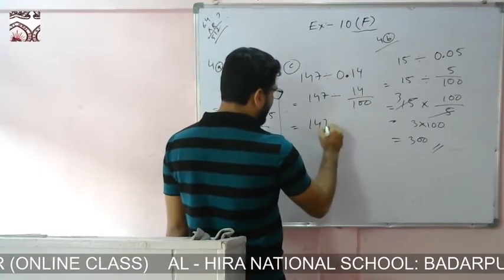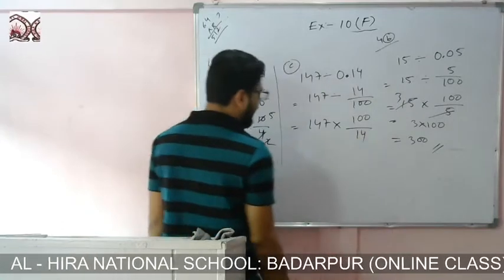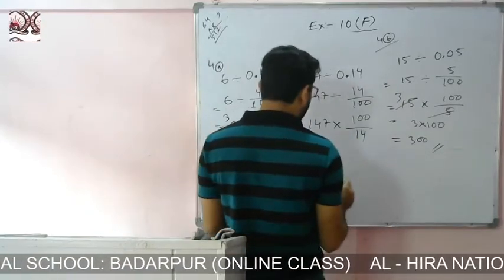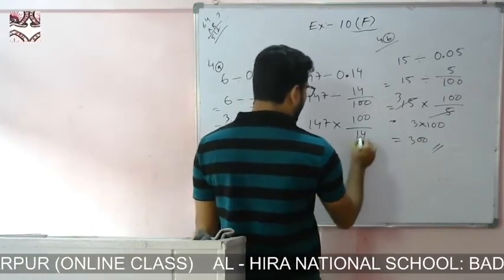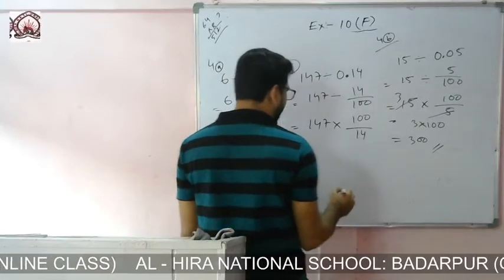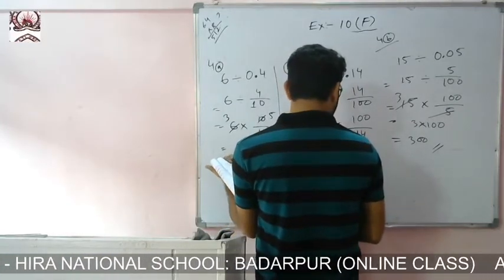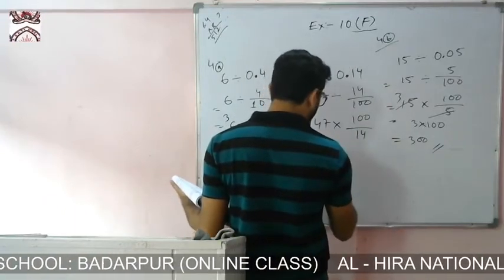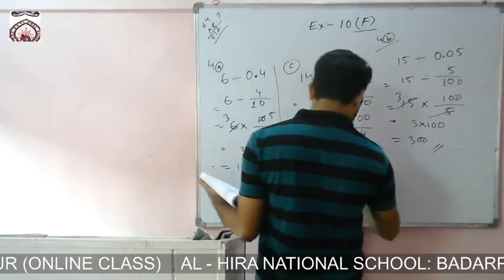Now 147 into 100 by 14. So we'll get like this. If you divide, then you get 14700 divided by 14. Okay.